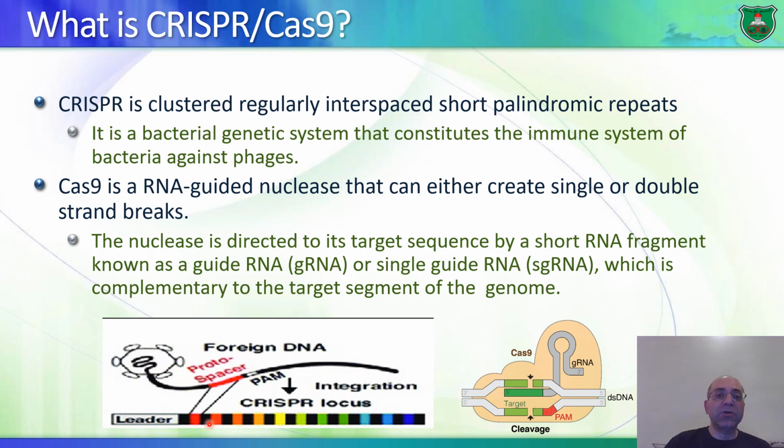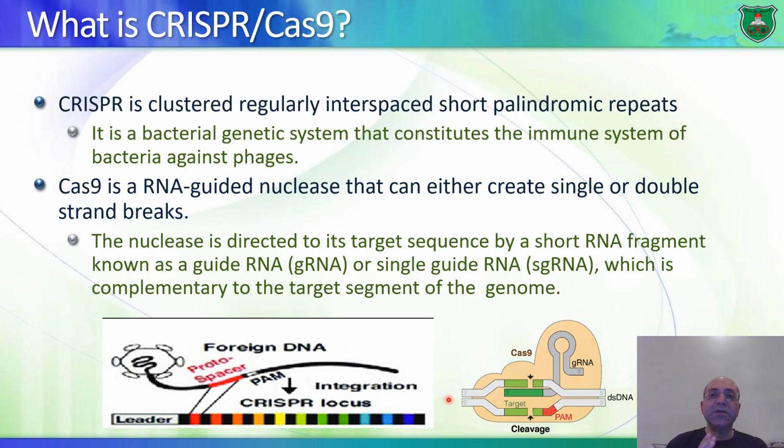Okay? So this genetic system exists in bacteria, and it is sort of like the immune system of bacteria against bacterial phages. Now, Cas9 is a nuclease. It is an enzyme that cleaves nucleic acids, and it is RNA guided, so it does not cleave anywhere. Rather, there is an RNA molecule that is associated with it.